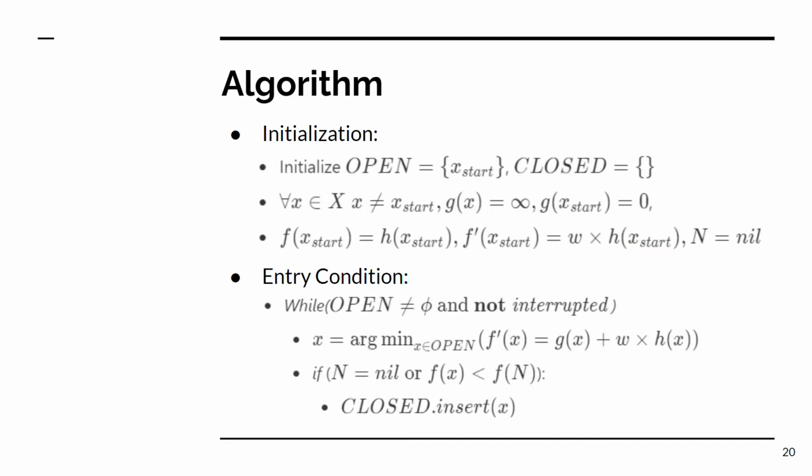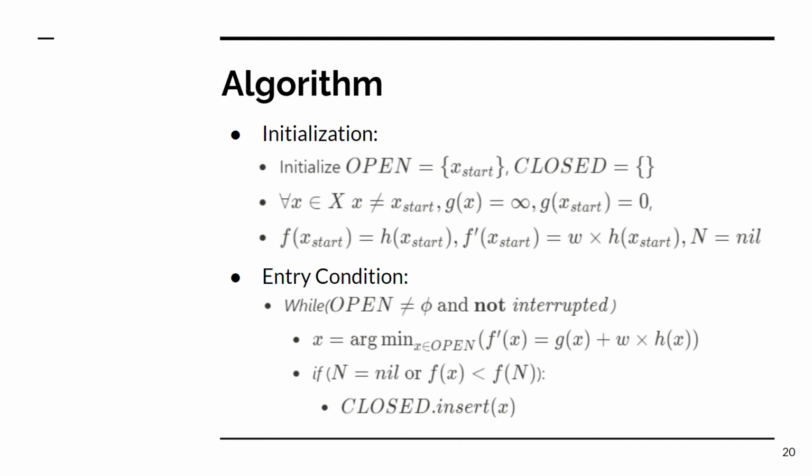Next, we will move on to the algorithm. In the initialization phase, you can see we have 2 different sets, the open set and the closed set, similar to A star. For every state, the weights are initialized, the start state having the weight 0, and the rest of the states having weight infinity.